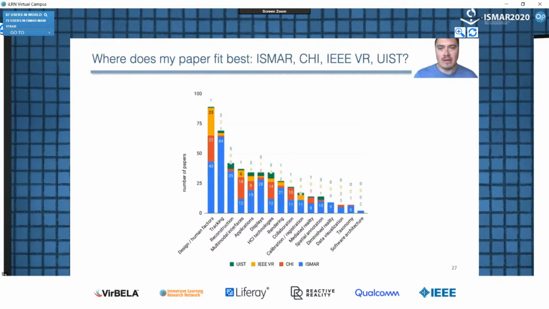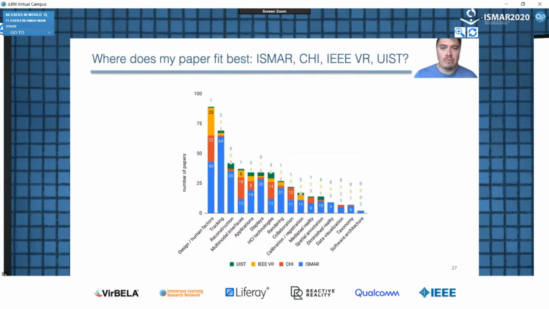We now discuss considerations for newcomers to the community who might be interested in knowing what types of work are mostly accepted at these venues. The chart presents the numbers of papers split by venue across research topics. We observe that ISMAR has interest on techniques that involve tracking, reconstruction, displays, and rendering.